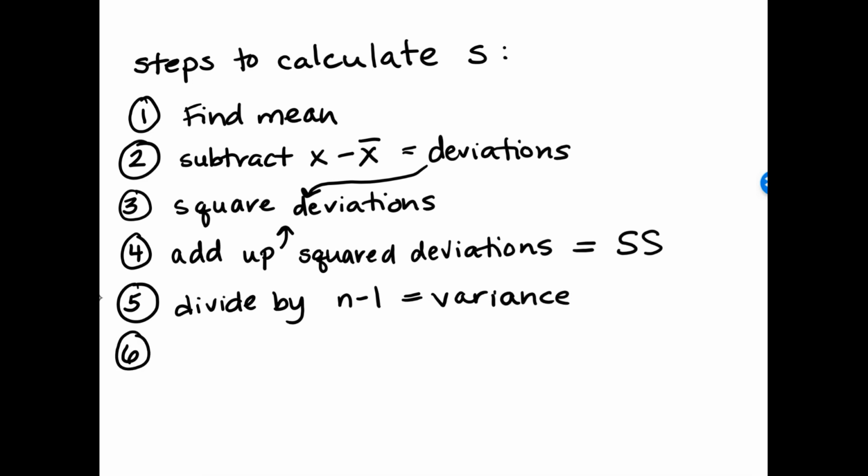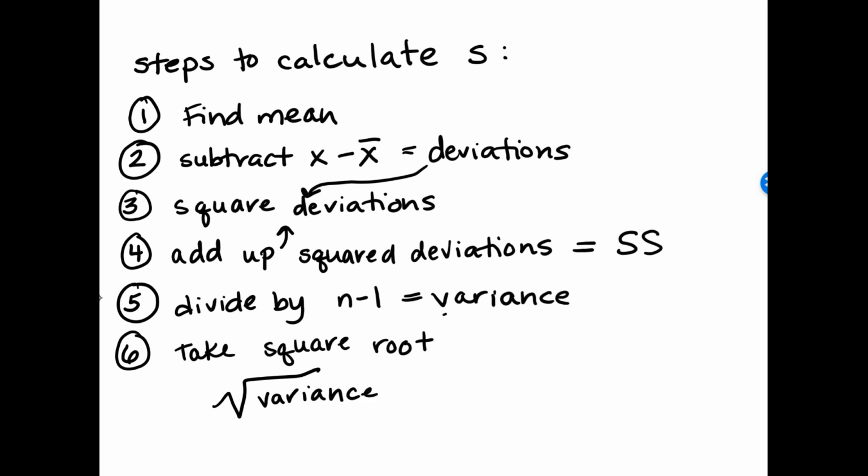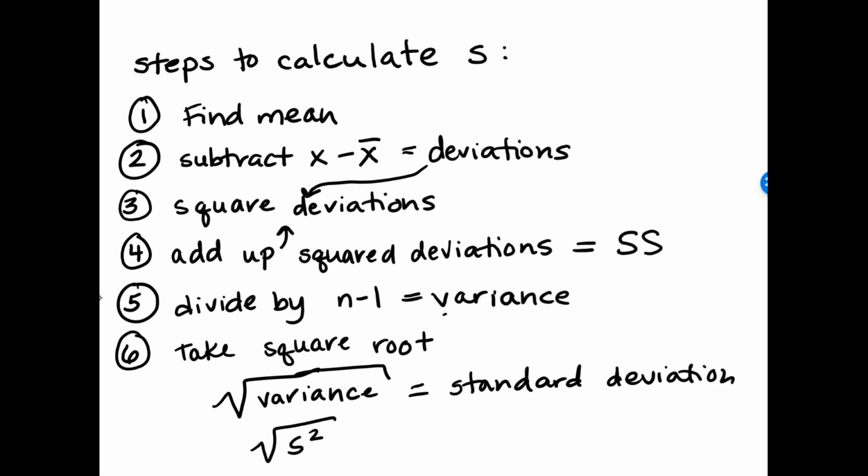And then finally, because this is still squared deviations, we want to take the square root. The square root of the variance gives us the standard deviation. The square root of s squared gives us s.